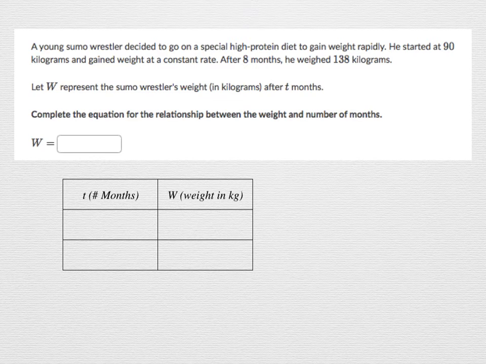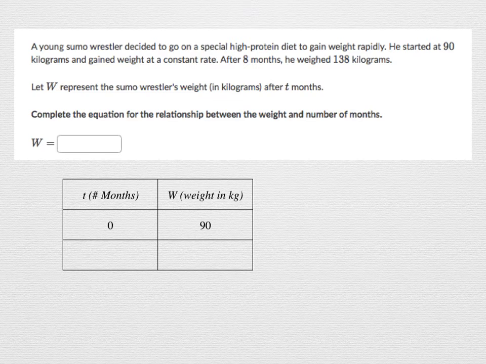Now, for this particular problem, we know that he started his diet, so 0 months in, he weighed 90 kilograms. So what's nice is that when we have a linear function in the form y equals mx plus b, where b is the initial value, your y-intercept, that has been given to me here. I do know my y-intercept.